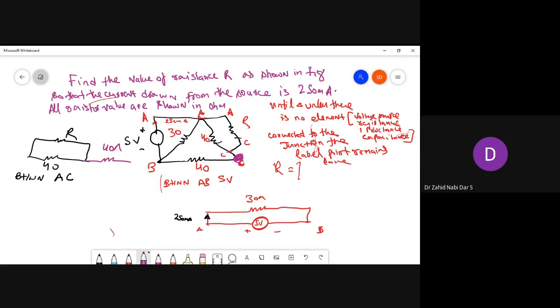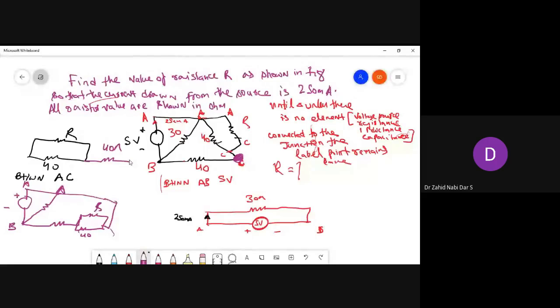So when I'm reducing this network to this point, which is again connected to point A, this is A, till here it is A.